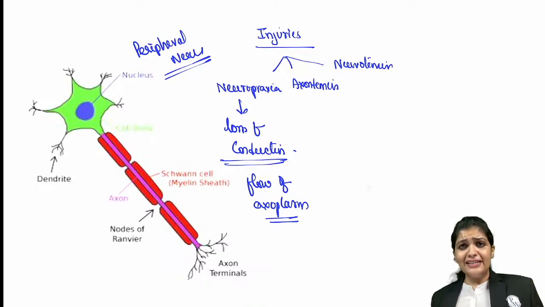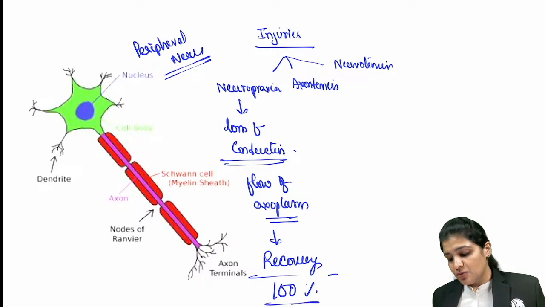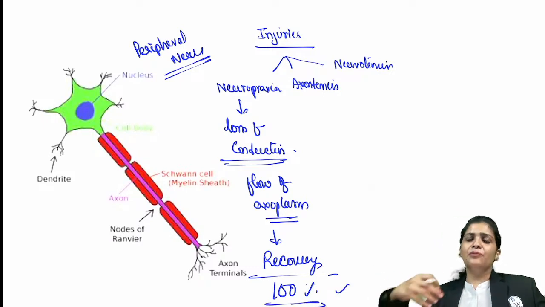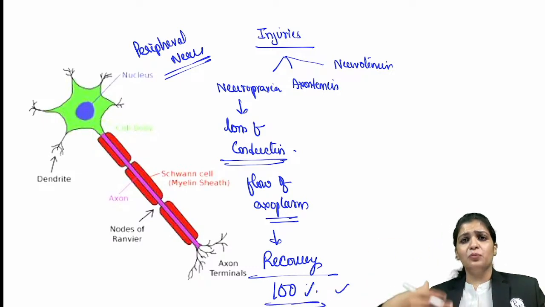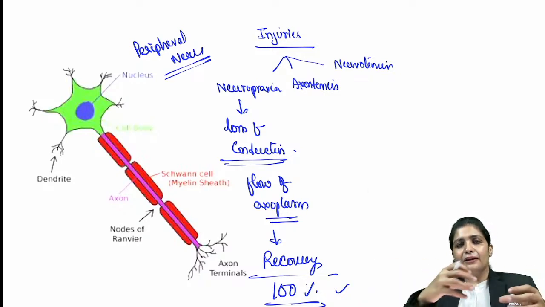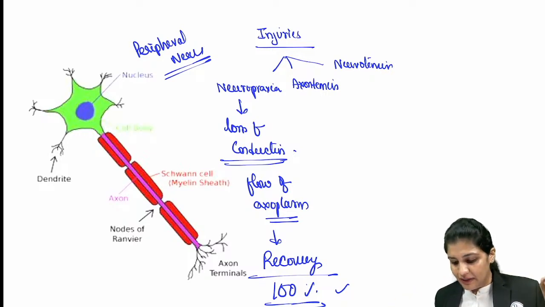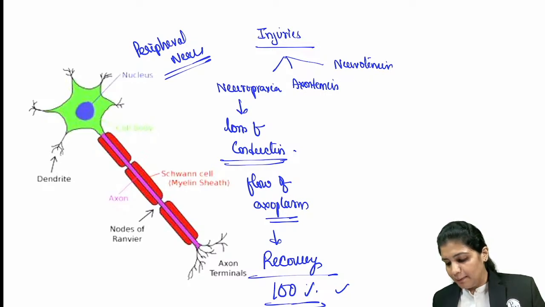When the nerve is intact, you need not worry, the recovery will be seen. Because the nerve is intact, the axoplasm will find its way at its own pace, so 100% recovery is expected.